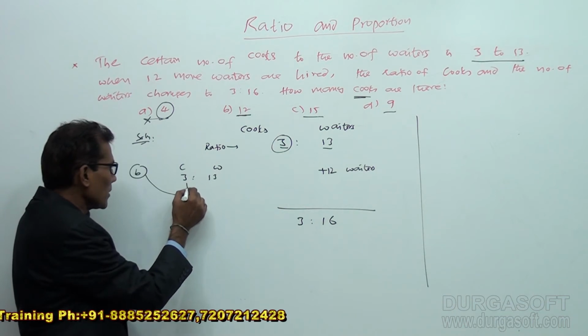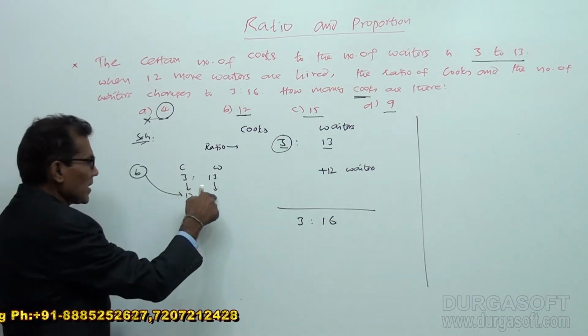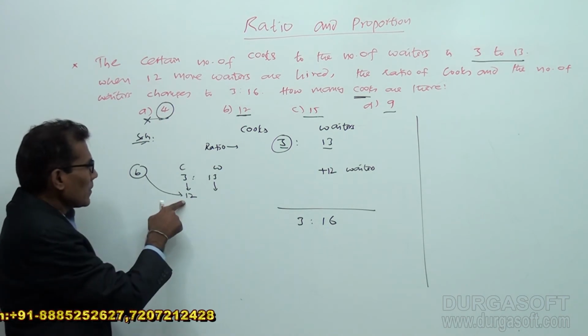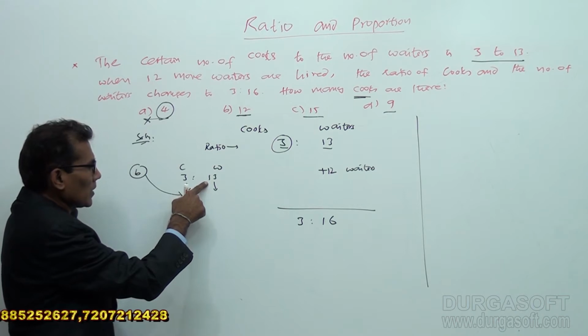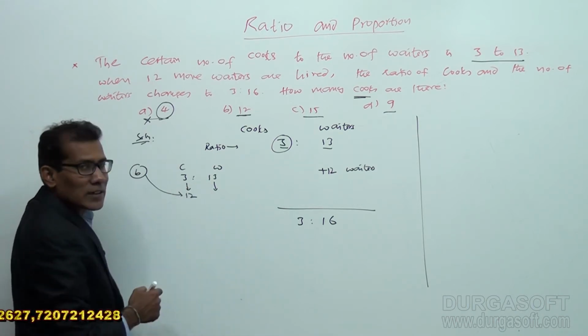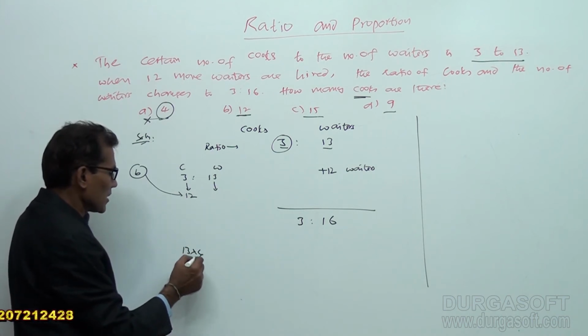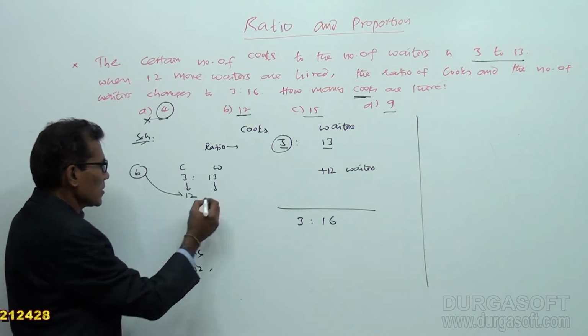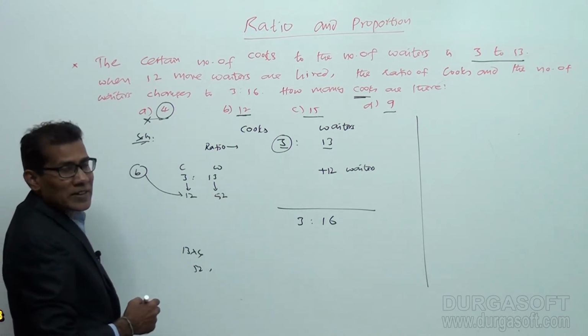Whatever the ratio between these, the same ratio must exist here with the number of waiters. 12 is 4 times 3, therefore the waiters must be 4 times 13. 4 threes are 12, and 13 times 4: 4 threes are 12, 4 ones are 52. So this is 52.